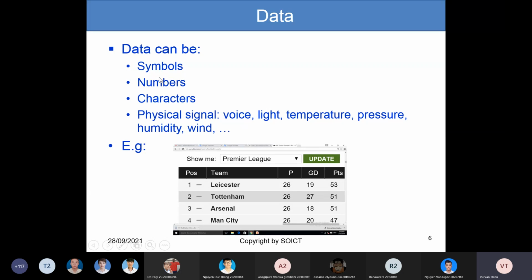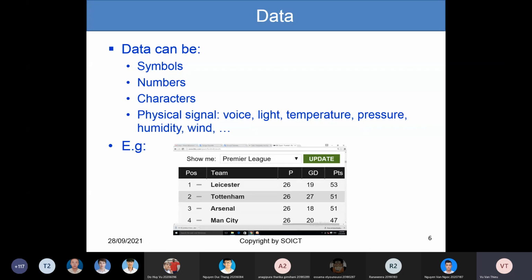Data can be coded as symbols, numbers, characters, or physical signals such as voice, light, temperature, pressure, humidity, or wind. This table is an example of data. So these are the results of the Premier League, football of England, right? So this is data.